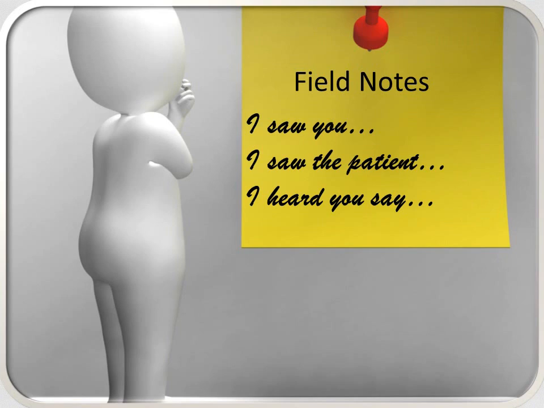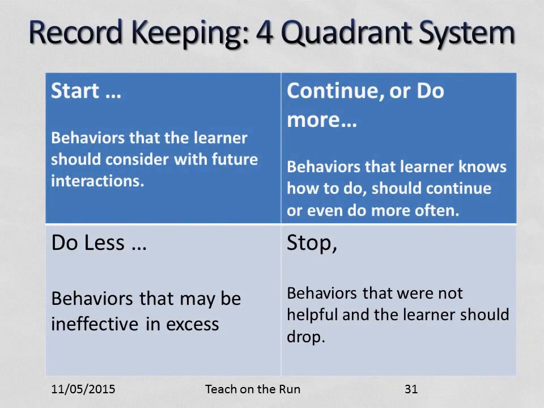It is critical to record your observations of the learner performing the skill. One system for doing this is the 4-quadrant system. Start by drawing an X on a sheet of paper. While you're observing the learner with the patient, jot down notes in the appropriate quadrant.